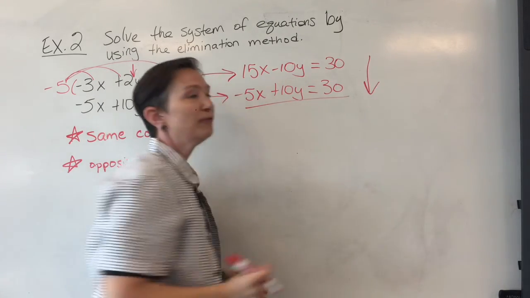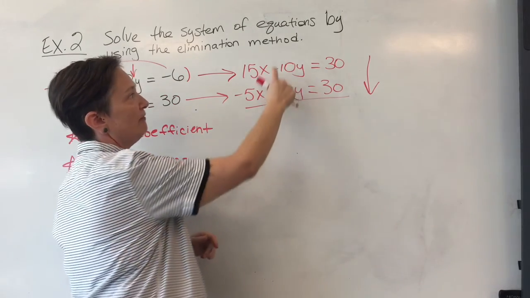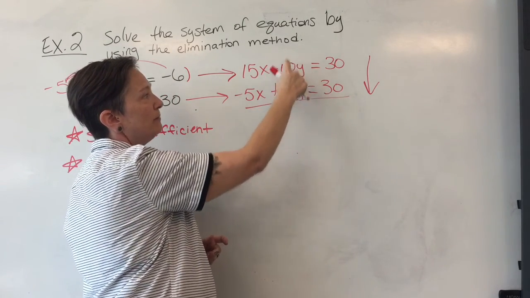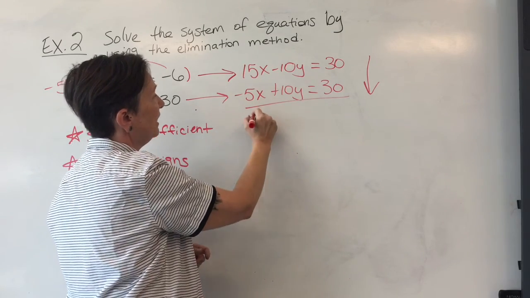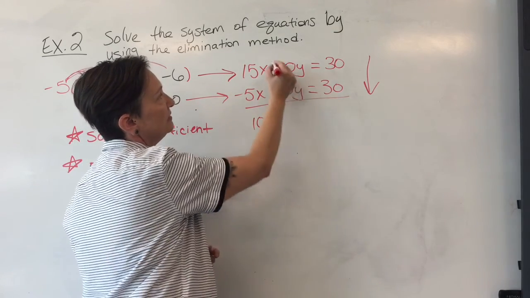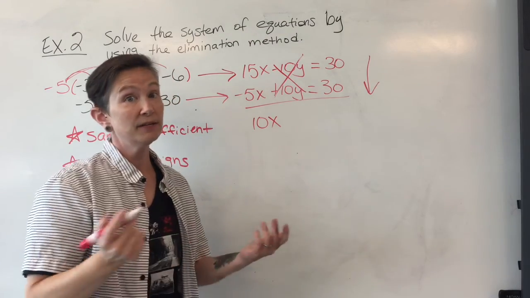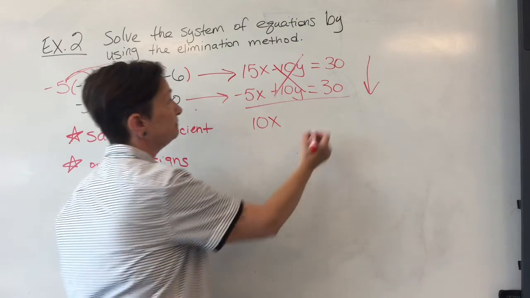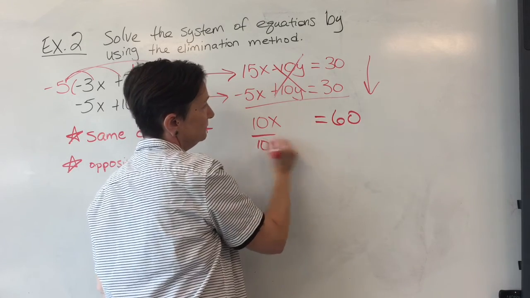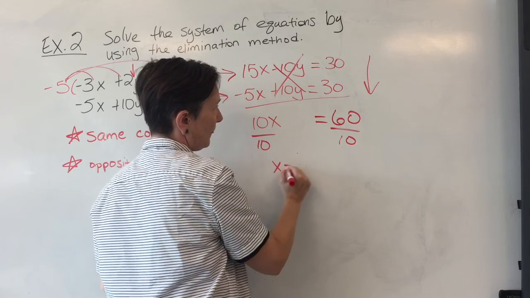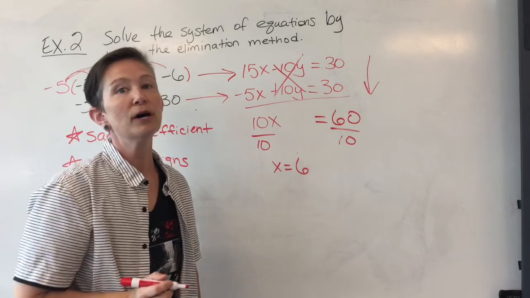Now I am free to add straight down because I have opposite signs, same coefficient on the same variable. So 15 minus 5, that's 10x. Negative 10 plus 10 is 0, so that's eliminated. And then 30 plus 30 is 60. So I get an x value of 6.